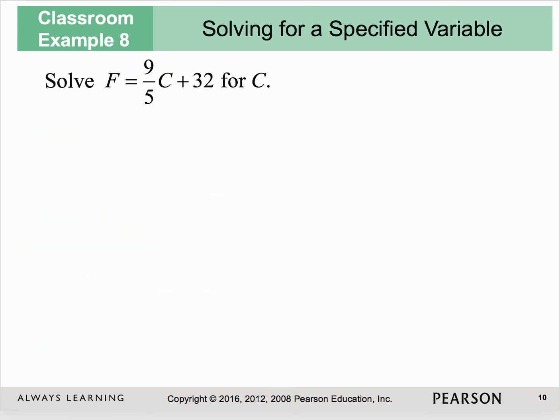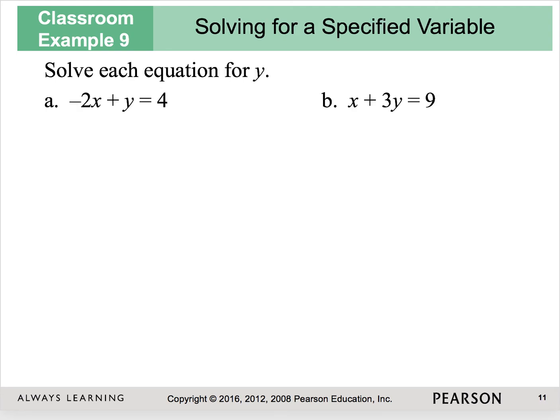Okay, let's try it one more time. Oh, solve each equation for y. Okay, so this is something that we're going to be doing a lot, solving things for y. Okay, so same idea. There's no fractions or parentheses or really any math to do. So start by undoing anything being added or subtracted to the y. Remember, we're solving for y.